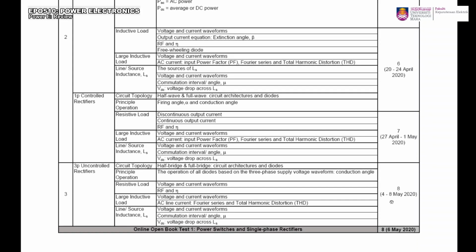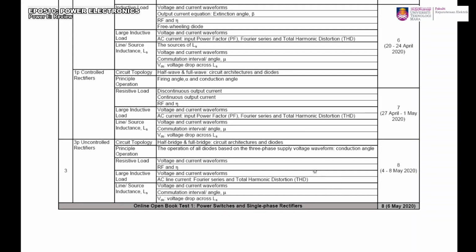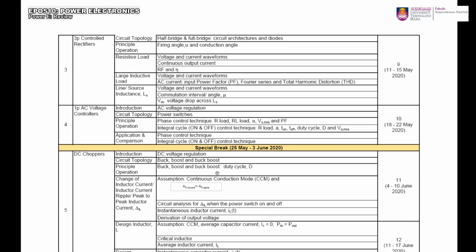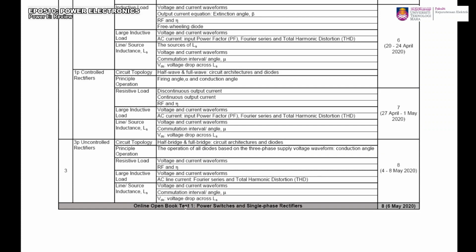For week 8, we're going to start with 3-phase. I think we can start earlier than week number 8, inshallah. And then we're going to have our first test, which is an online open book test. Again, I hope you do it based on integrity. Don't copy your friends, don't discuss with your friends.